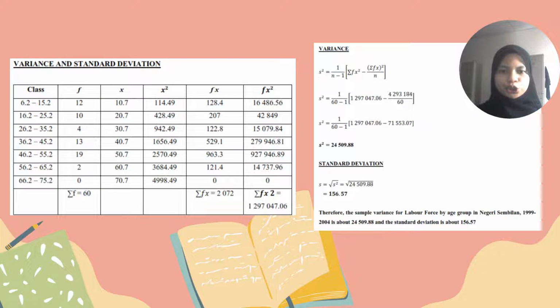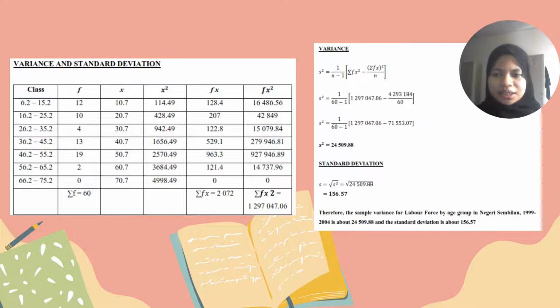This table shows you how to calculate variance and standard deviation. The right side is the formula of variance. The answer of the variance is S power of 2 equals 24,509.88.